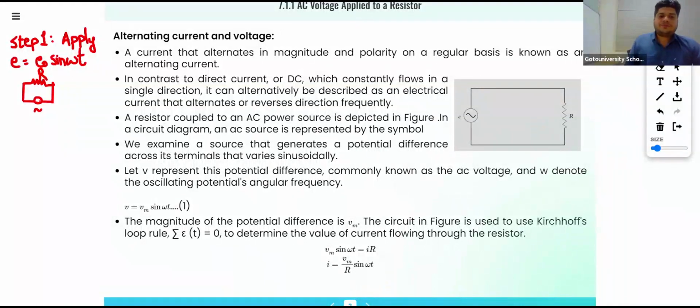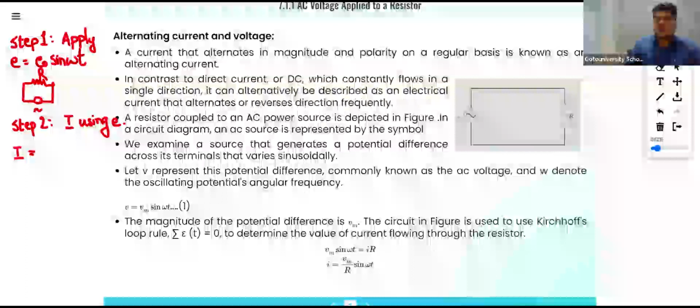Now the first step will be E is equal to E naught sine omega t. In step 2, you are going to find I using E. How to find I? See, V is equal to IR.